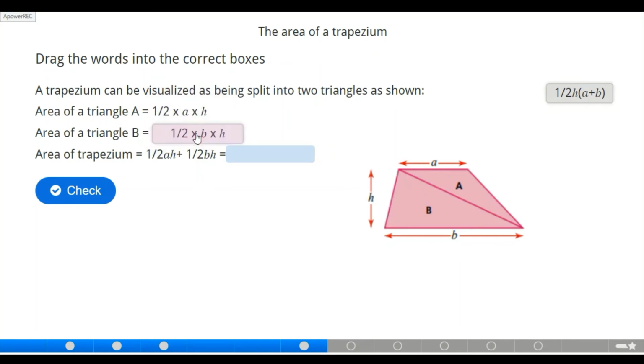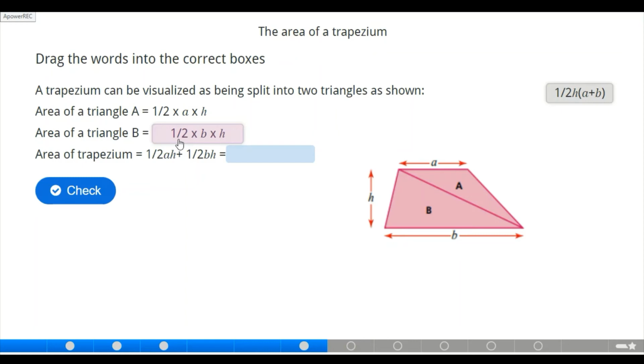So if that is the case, now if you look at what we have here, for this one, the base for A is a small a, and that's why we have it to be a times h. And the base for B is a small letter b, which is why we have b times h here. So by the time we collect the like terms, now we have half in common, and we have h in common.